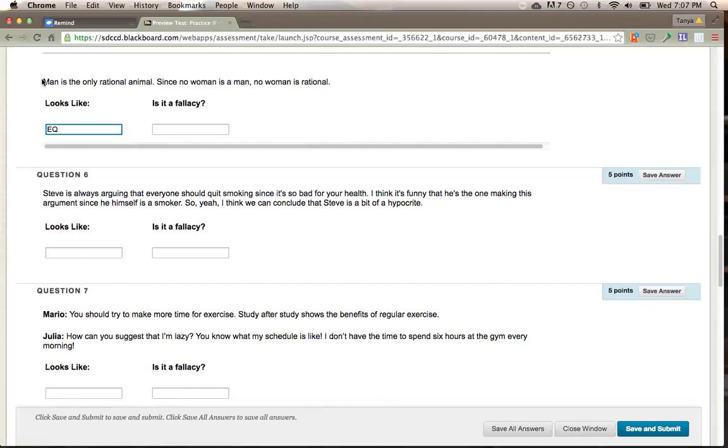In this case, here man means human, and here man means male member of the species, and ignore the assumptions about the binariness of that just for the sake of argument. It's clear, whatever else might be going on here, that man is being used in two ways when we conclude that no woman is rational. So since it really is being used in two ways, this is a fallacy.